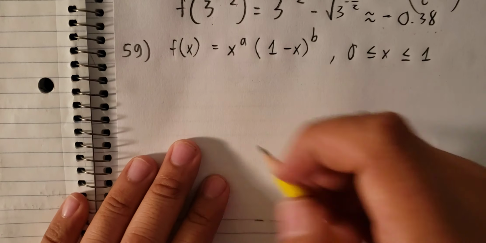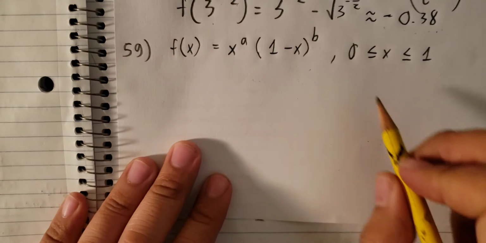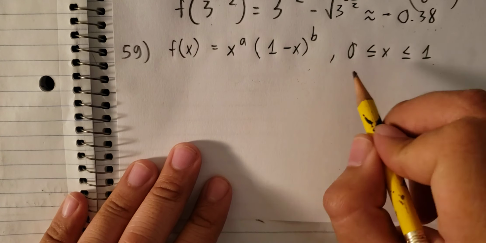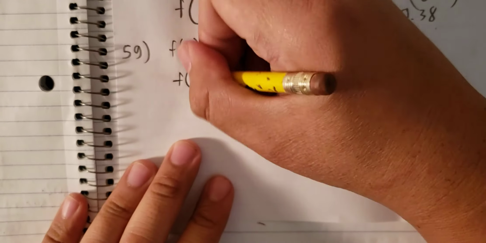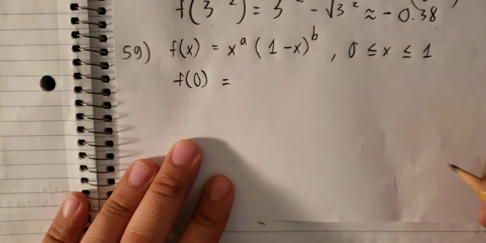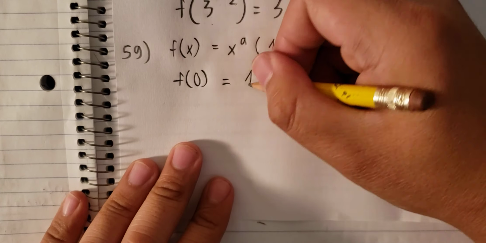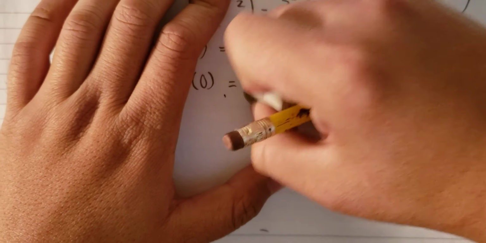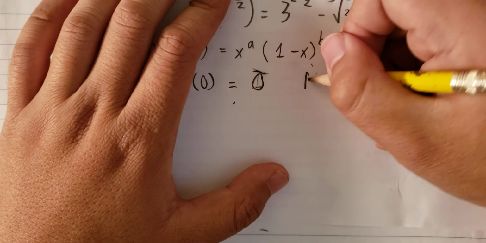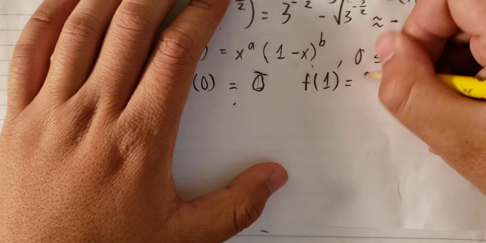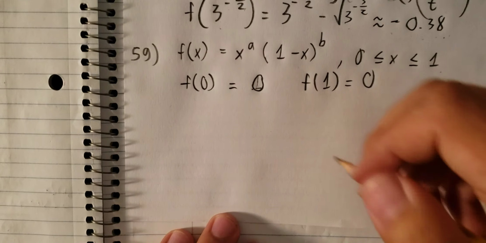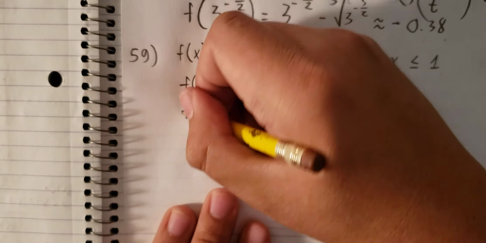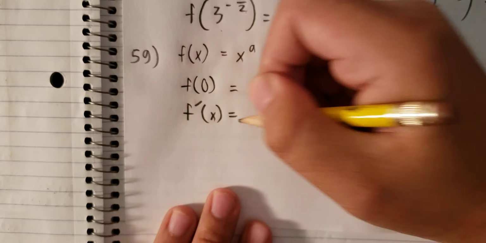And the last one, we have the function on the interval 0 and 1. We put f equal to 0, so you get 0. F of 1 you get 0. So next we do the first derivative.